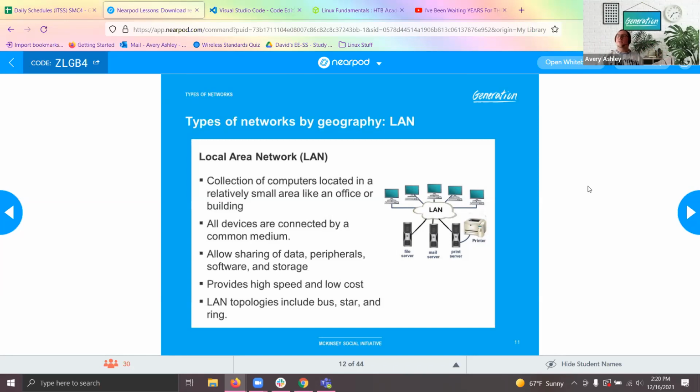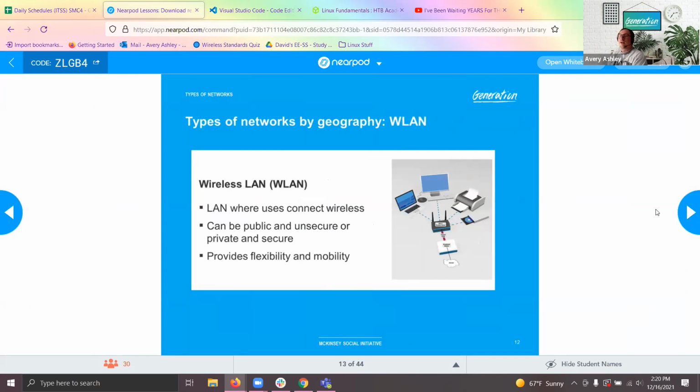The TV downstairs is connected to the network. Everything in this building is connected to this one network. So bigger than a PAN, but this is our smaller network. It provides high speed and relatively low cost.